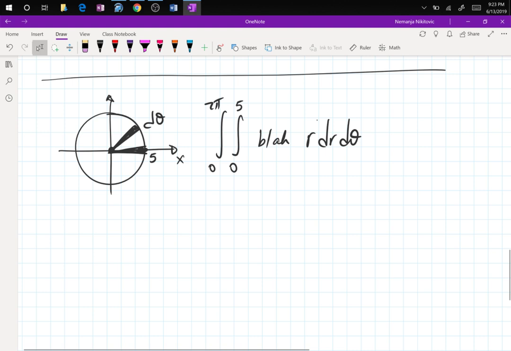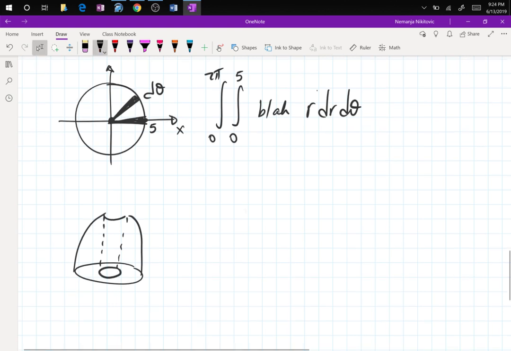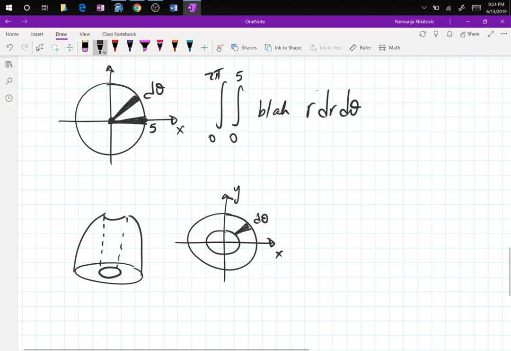If I had an ellipse like this, but it had a hole in it, then your domain would look like this. And your d theta would be here.